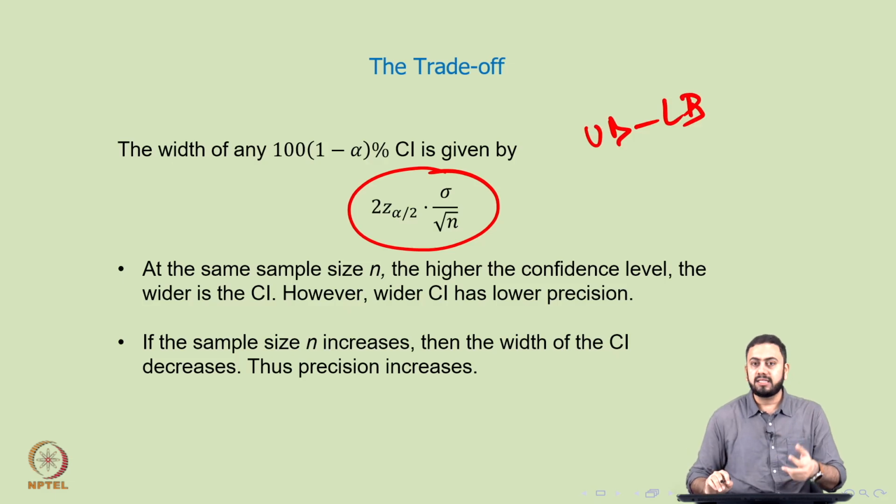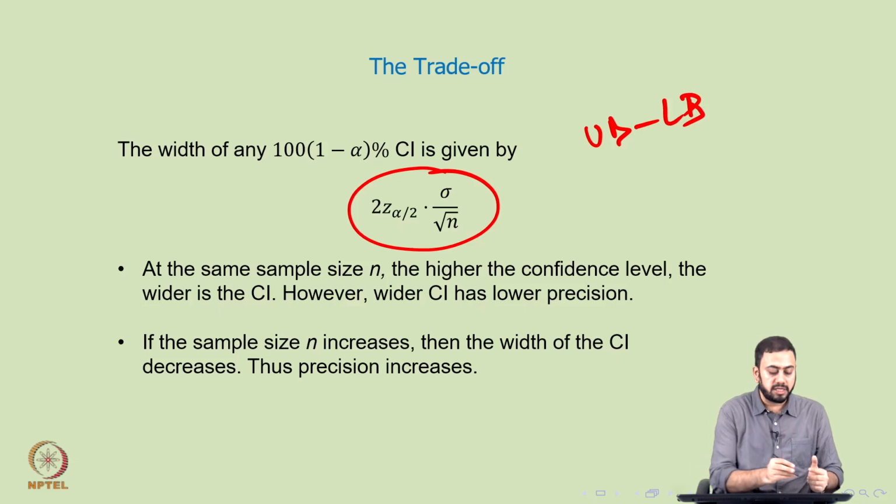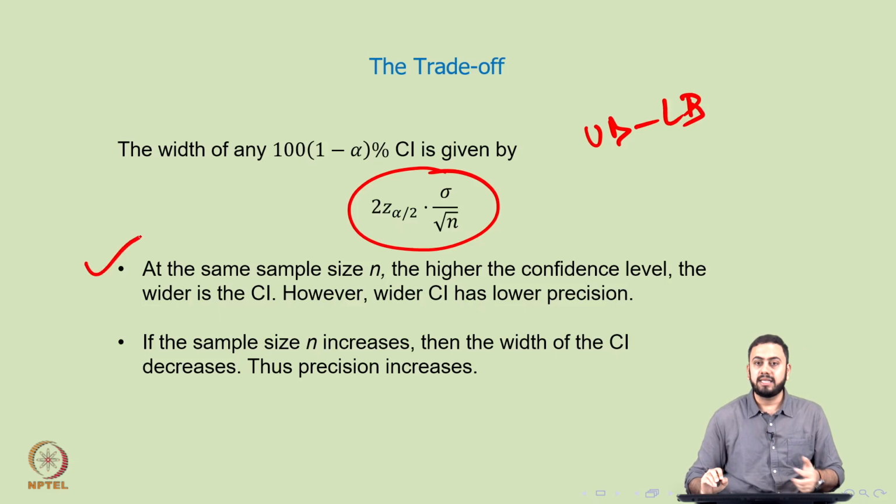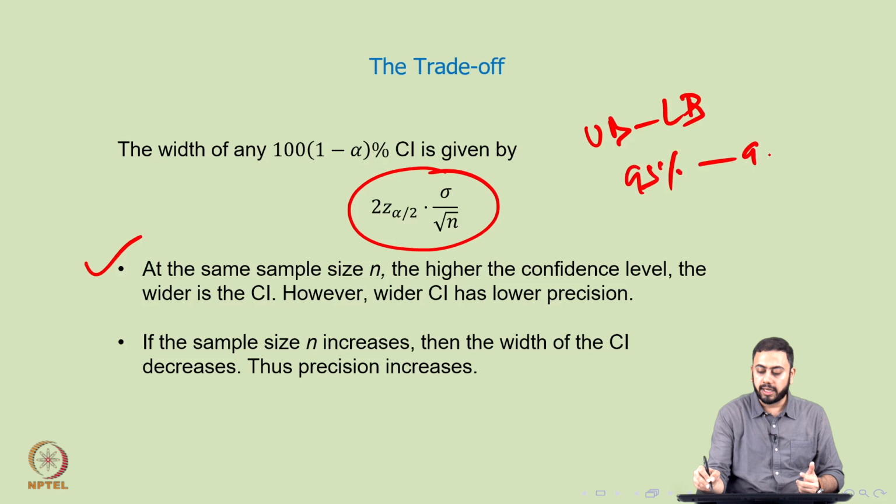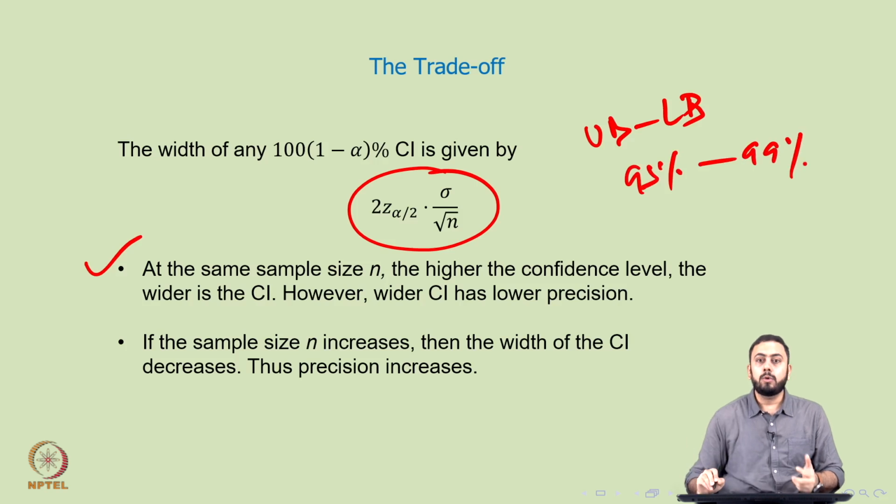A couple of very interesting properties here. The first property is that at the same sample size n, if you increase the confidence level, so let's say initially you have 95% but then you increase that to 99%, what would happen to the width of the CI? The higher the confidence level, the wider the CI.